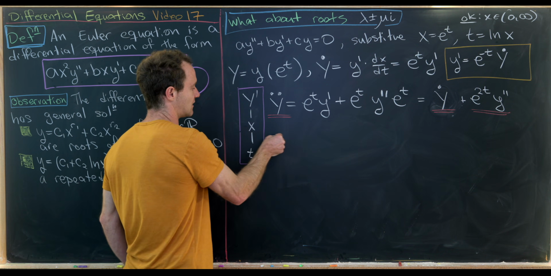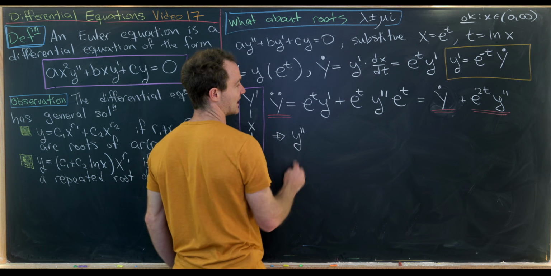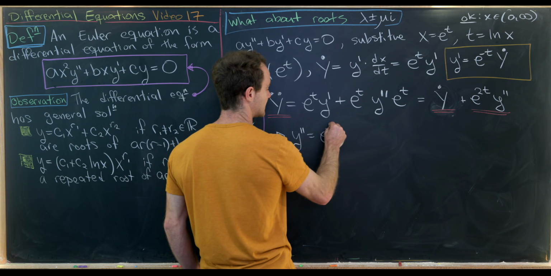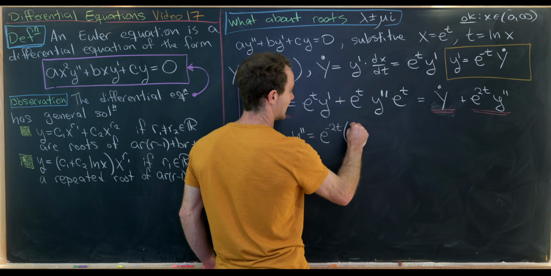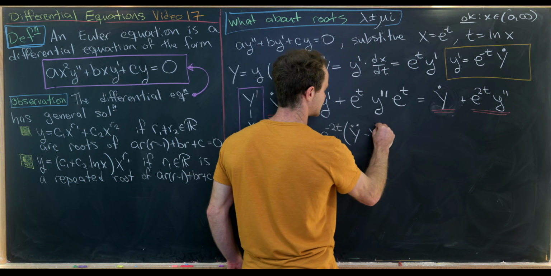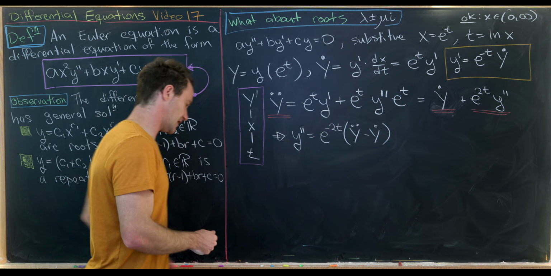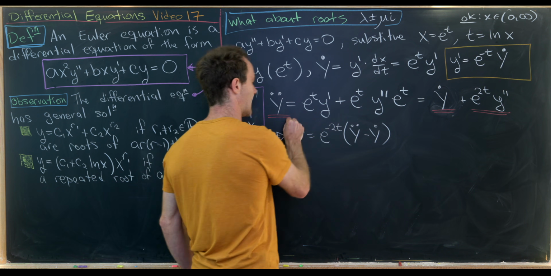That allows us to solve for y double prime fairly easily. So y double prime will be equal to e to the minus 2t, and then we'll have y double dot minus y dot. Great. So let's maybe put an orange box around that so we have it.